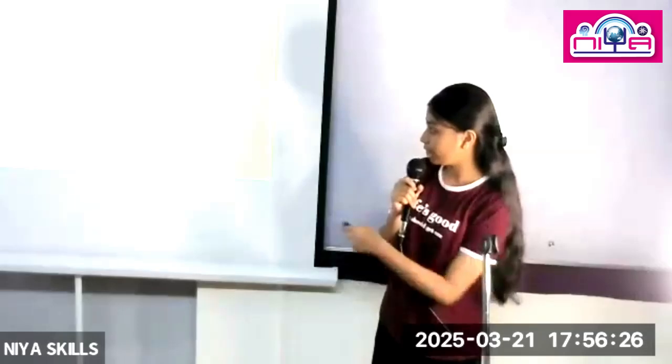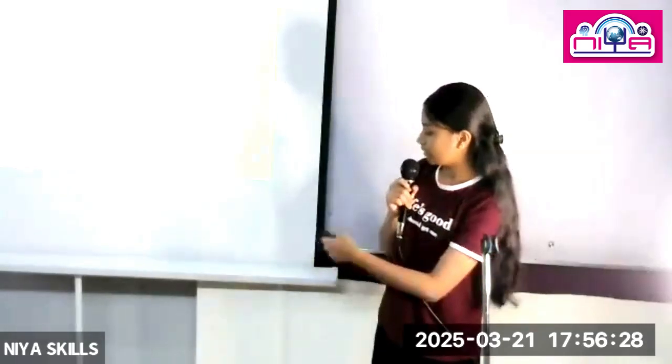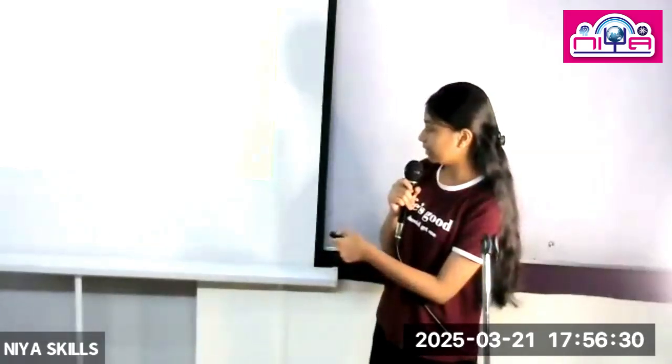First law is incident ray, reflected ray, and normal drawn at the point of incidence all lie on the same plane. That means incident ray, reflected ray, and normal all lie on the same plane at the point of incidence. Second law says that angle of incidence is equal to angle of reflection.